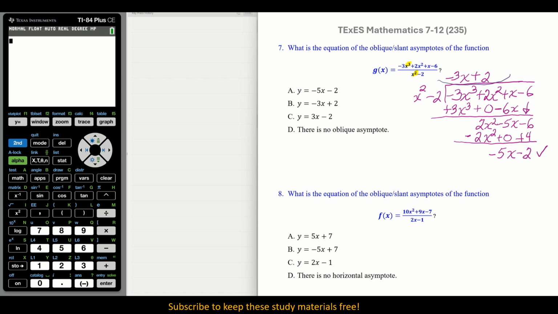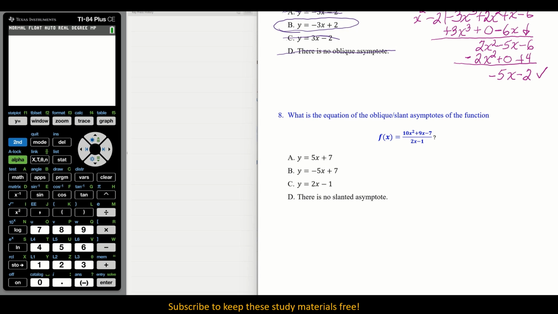Okay, and that's right here. And this means that B is our option. Now, don't be misled by A, because that's our remainder. And our remainder isn't going to give us that slant that we need. This just gives us the remainder if we want to solve out the problem.